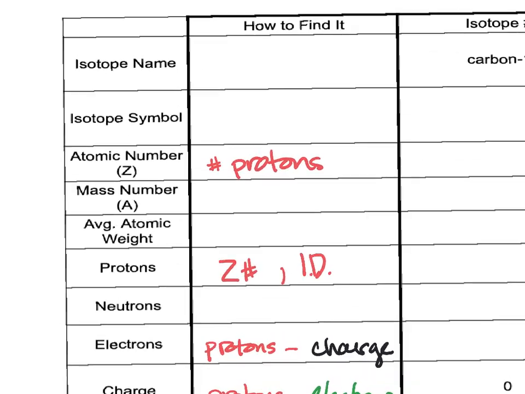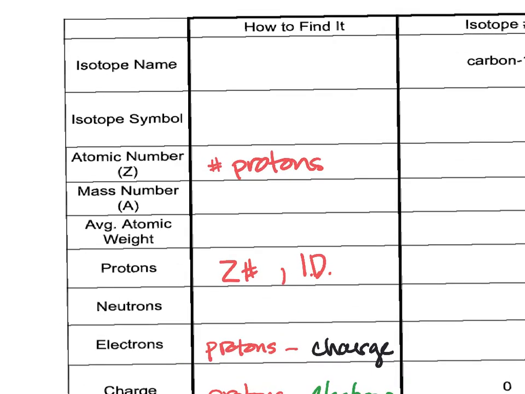All right, so from this, we can get the element symbol. I'm just going to use X here to start with because it could be any element. But again, we figure that out from the number of protons. We're always going to put the Z number on the isotope symbol down at the bottom, and we're going to put the charge up top.